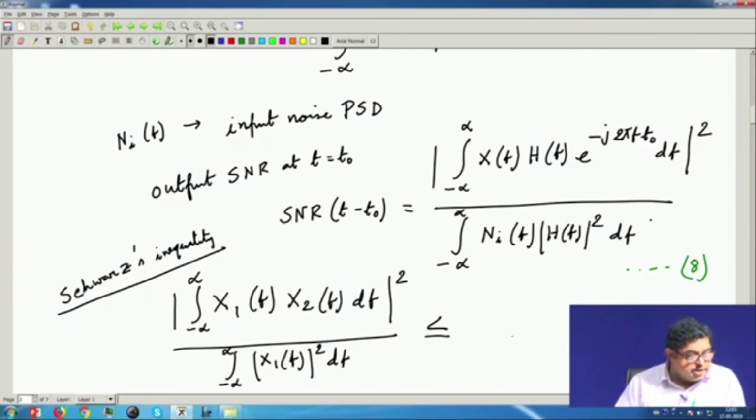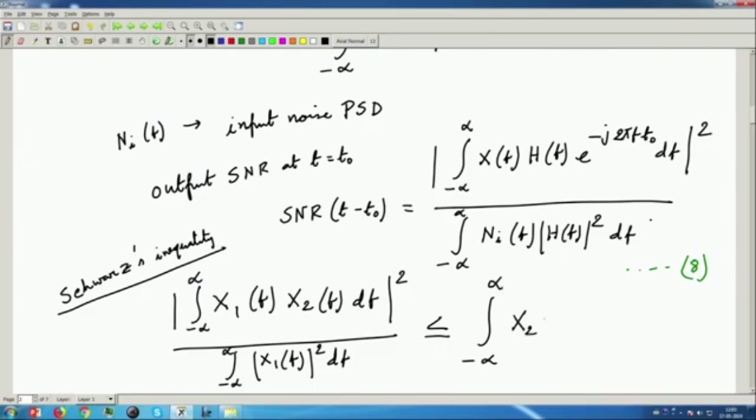This is called the Schwarz inequality, and he also said that this upper bound gets achieved.